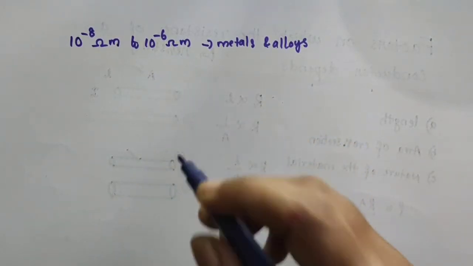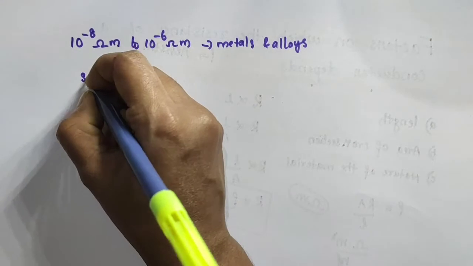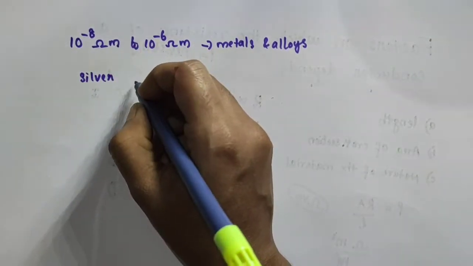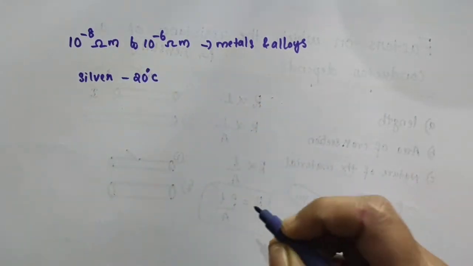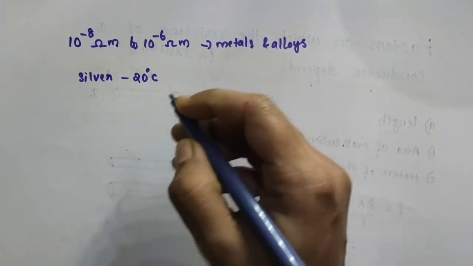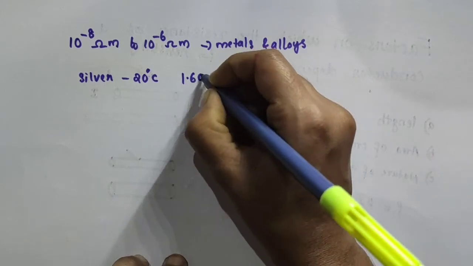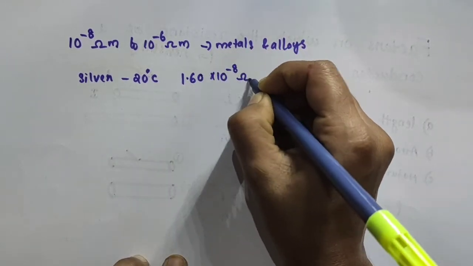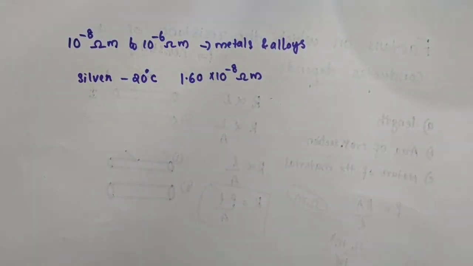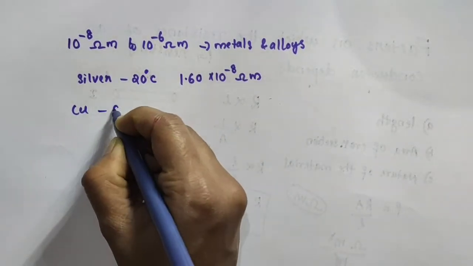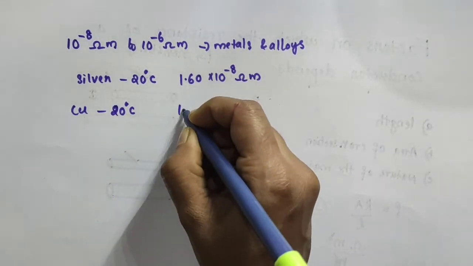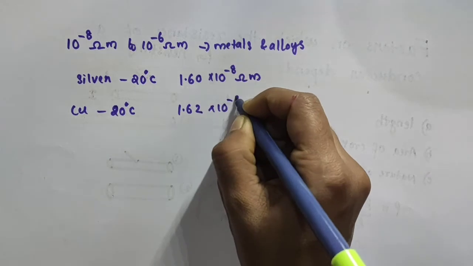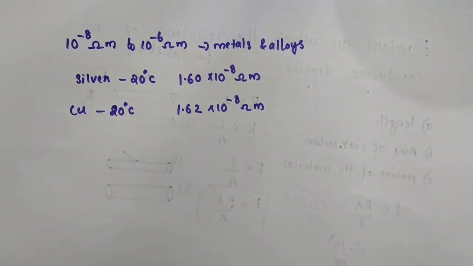For example, at a temperature of 20 degrees Celsius, the electrical resistivity of silver is about 1.60 into 10 raised to minus 8 ohm meter. Then for copper at 20 degrees Celsius, its electrical resistivity value is about 1.62 into 10 raised to minus 8 ohm meter.